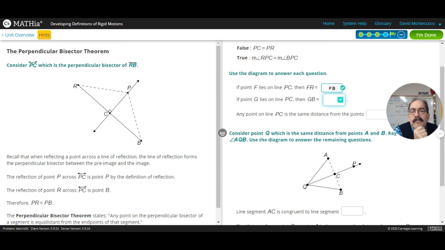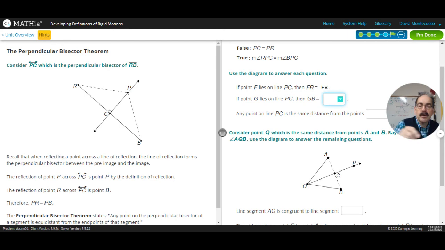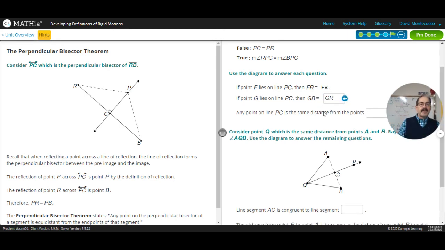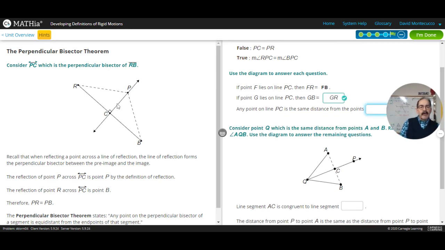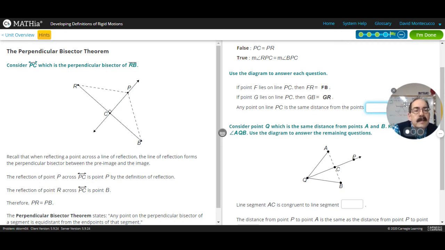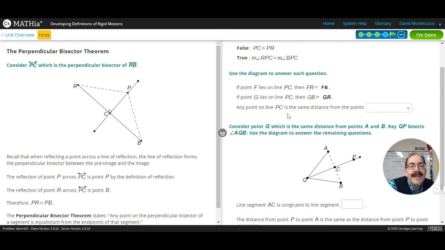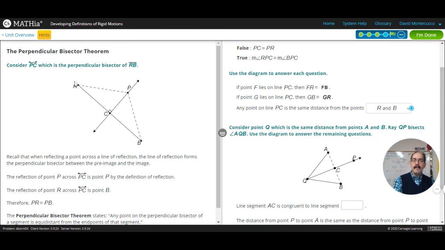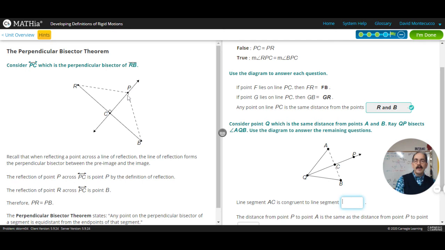If G lies on PC, GB, GR. See what they're doing here is they're putting an imaginary point right here. Okay. Any distance from PC, my head's in the way. Any distance from PC, any point that lies on PC is the same distance from the points G and B. R and B. So any point here. Okay, replace P with any of those points.